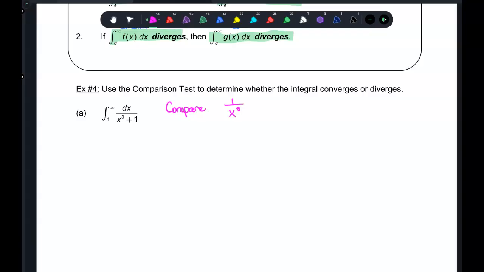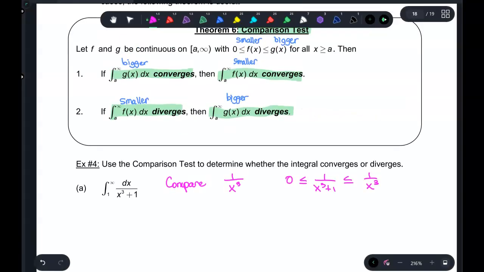And not only that, it's bigger than 1 over x cubed plus 1. So since we're going to compare it, if we can get 1 over x cubed to converge, then I know this one's going to converge.